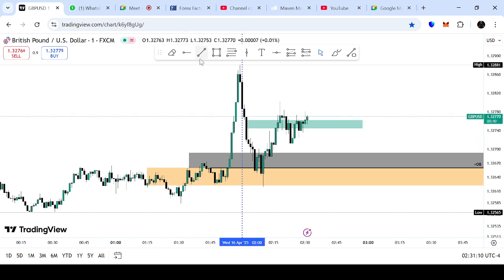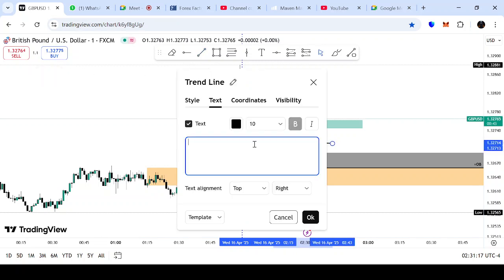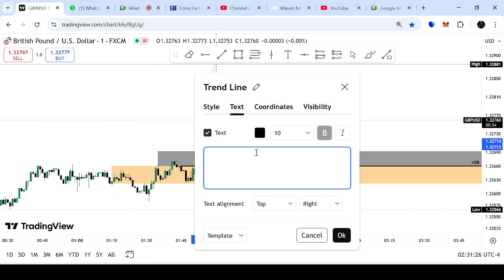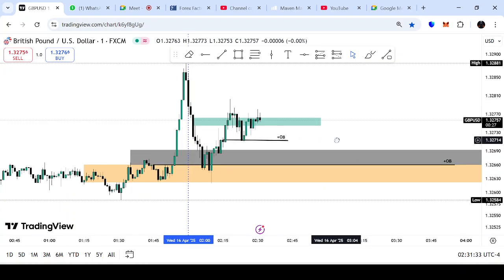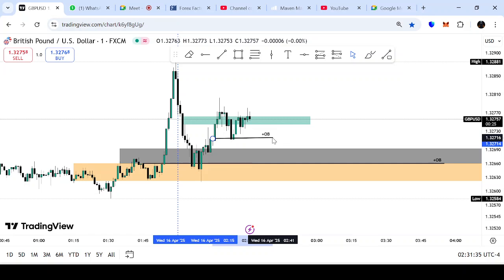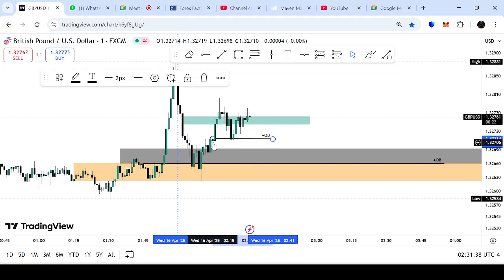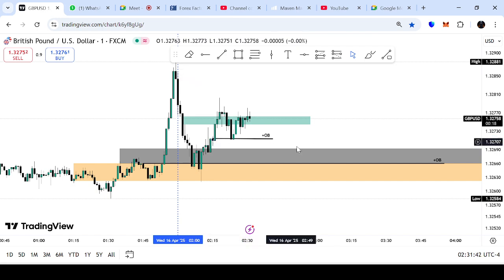This order block too, that's close candle. Has another order block, the bearish last close candle there.